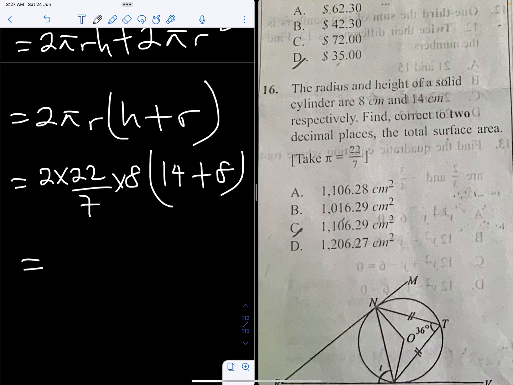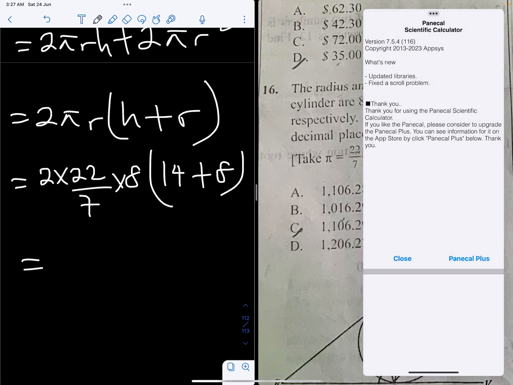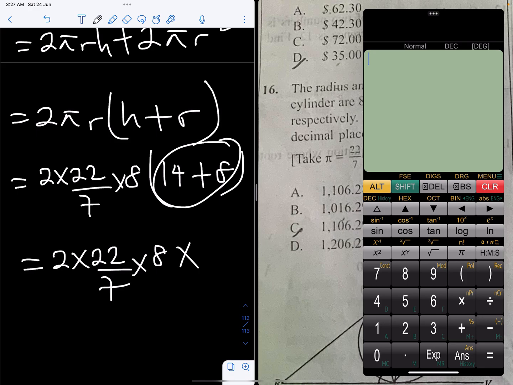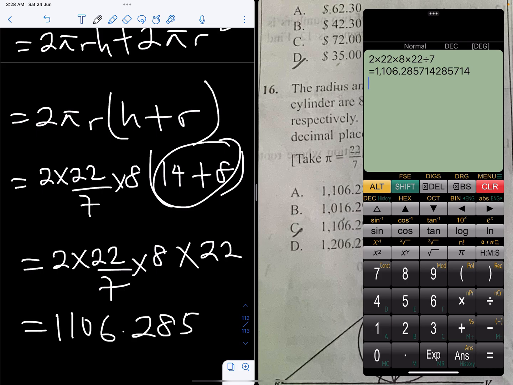We can just work that out on a calculator. That's 2 times 22 over 7 times 8 times 14 plus 8, which is 22. On the calculator, that's equal to 1106.2857.